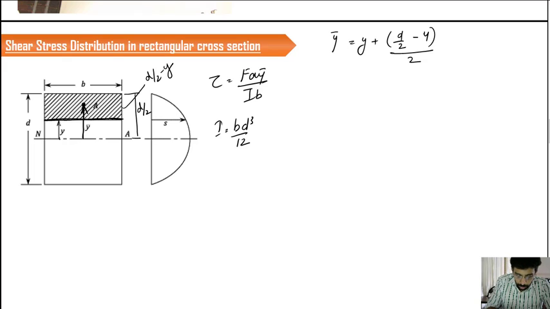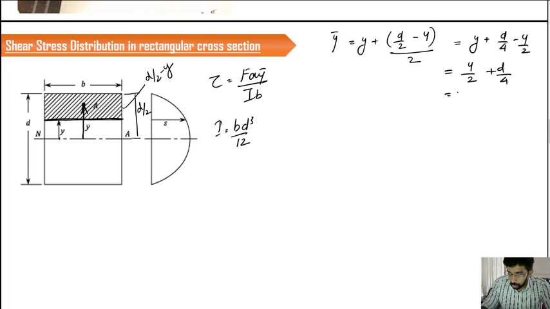From here to here it is y, and half the portion is (d by 2 minus y) divided by 2. Altogether it comes as y plus d by 4 minus y by 2, and we can rewrite this as y by 2 plus d by 4. If we take 1 by 2 common outside, it is 1 by 2 into (y plus d by 2). This is the value of y bar.